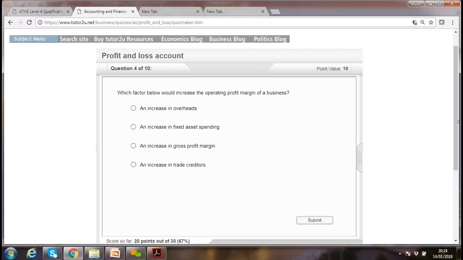If my gross profit increases, what do we think the operating profit will be? Or increase the trade creditors. Trade creditors means the people we are supposed to pay, like our suppliers, from whom we are buying goods on credit. They don't have any concern with the loss. Which option do we think is correct?